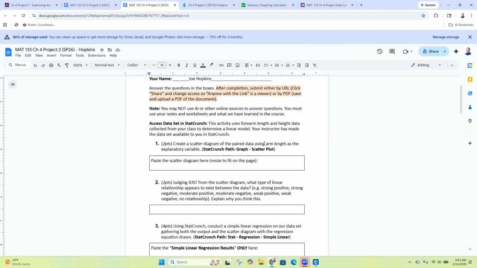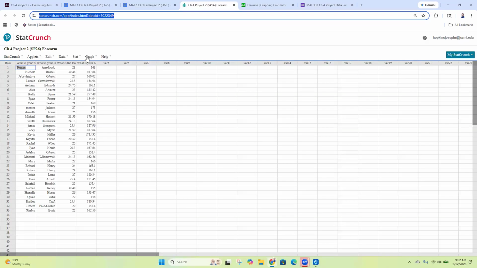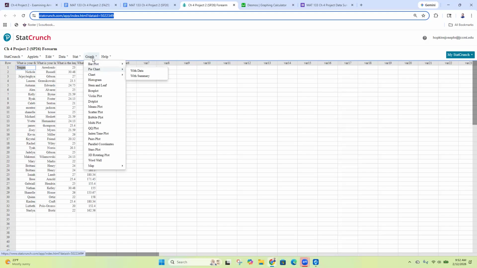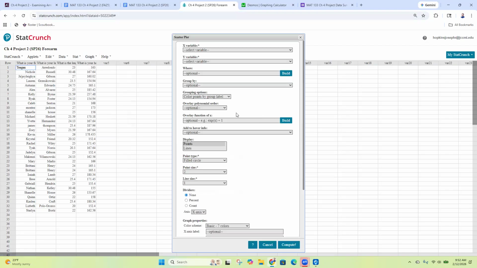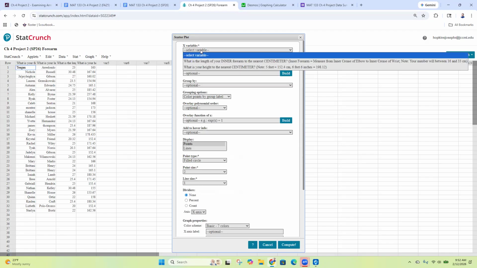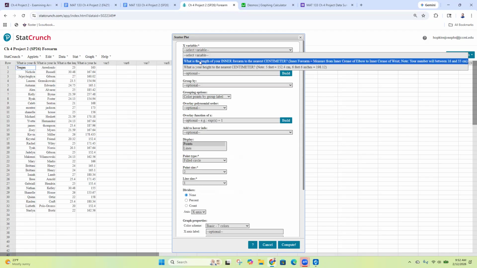Okay, so create a scatter diagram of the paired data using arm length as the explanatory variable. We are going to do Graph, Scatter Plot. Now, a scatter plot is an x-axis and a y-axis, right? We have our explanatory variable and our response variable. The X is the forearm length; I just copied the question.